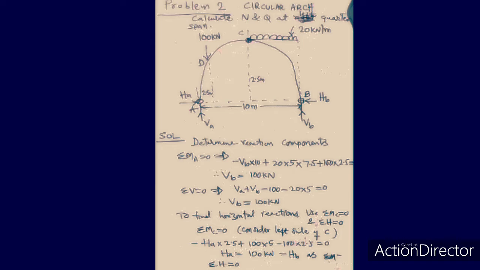20, you can see the UDL here. This UDL is taken like this, 20 into 5 meter, because it is half of the span, 20 into 5 plus 7.5. How is it 7.5?